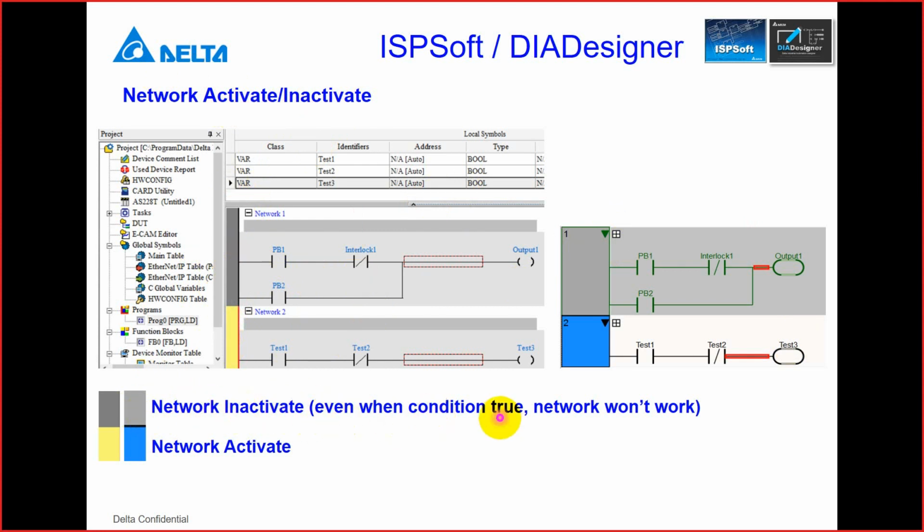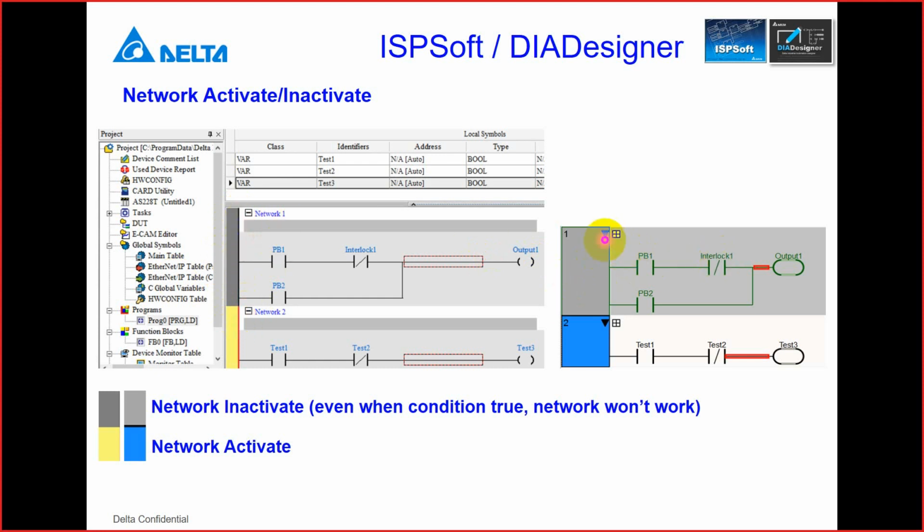That means even when the condition is true, for example, when the PLC is in run state and we give the push button, the condition is fulfilled, but the output will never execute because we already inactivated the network.